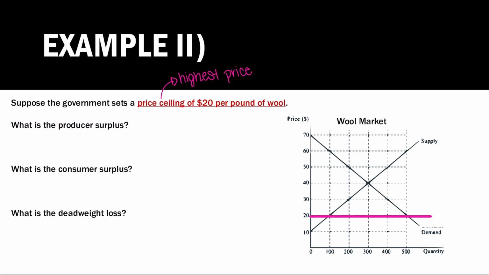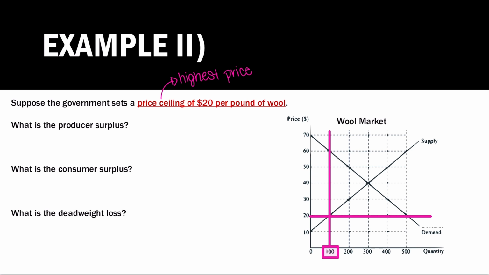And then the question asks, what is producer, consumer, and deadweight loss? If we look at our price of $20, it intersects our supply curve at a quantity of 100, which means at a price of $20, they are only supplying 100 units of wool to the market. Even though people would like to buy more, that's all there is at that market.